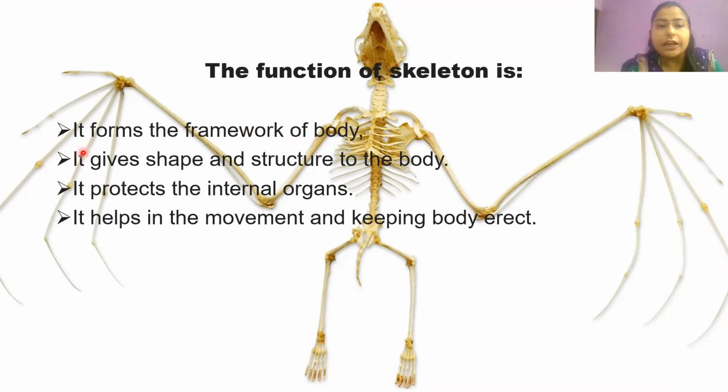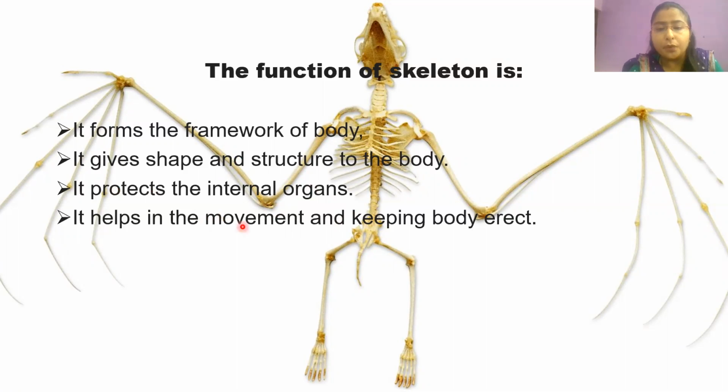Okay. Now, what are the functions of skeleton? So first, it forms the framework of body. This is the whole framework of our body. It gives shape and structure to the body. It protects the internal organs. Internal organs means all the organs like kidney, heart, brain. So these all organs are protected in our skeleton.